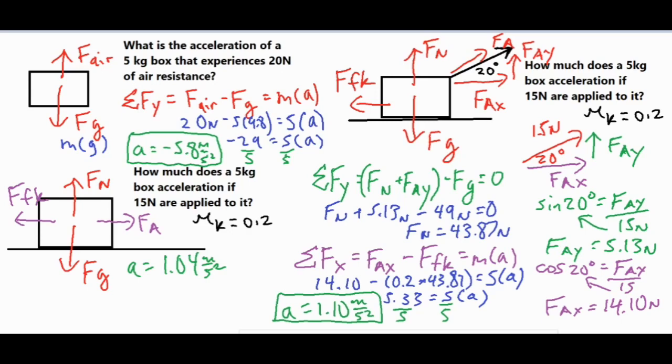So if you're taking an FAY and releasing some of the pressure between the ground and the object, you're going to decrease that force of friction. And then in the end, that decrease of friction is going to increase that acceleration. That's not the case in all different cases that are angled, but for some of them, it definitely is.